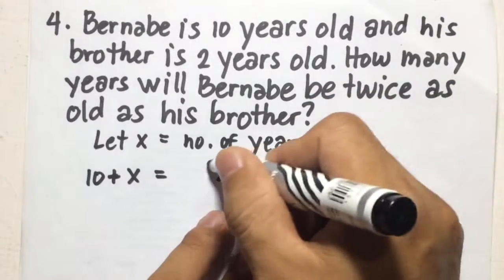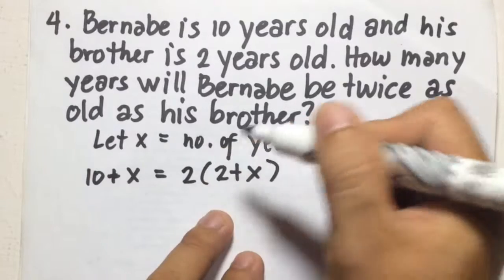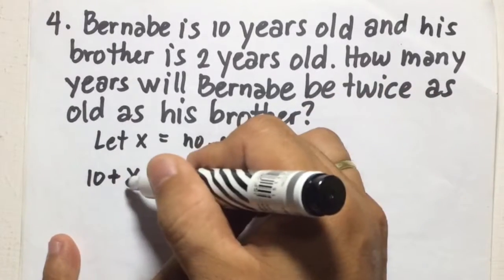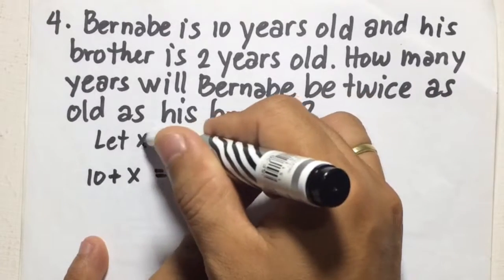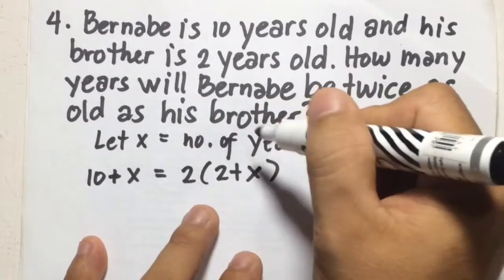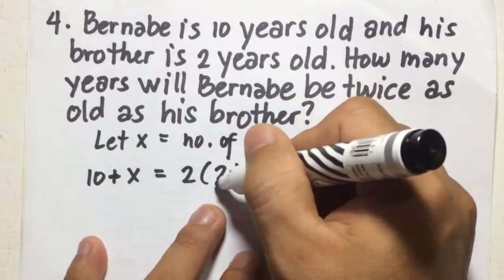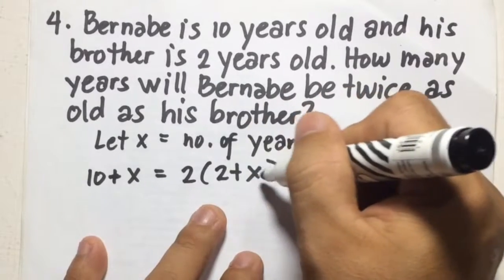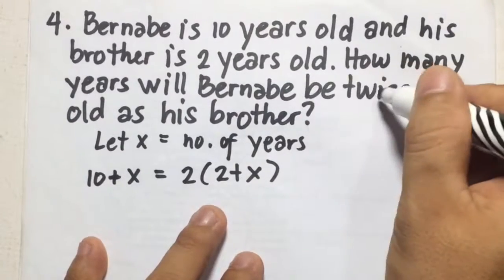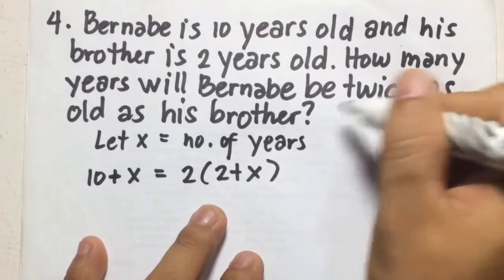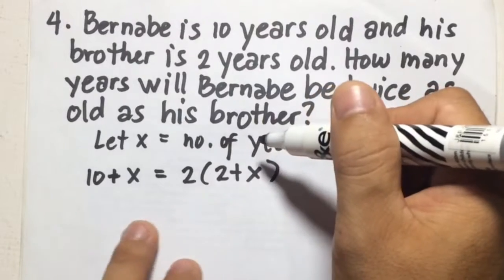Then twice, so that will be times 2. So again, 10 plus x, this is the age of Bernabe after adding the x years, then it is equal to the age of his brother, 2 plus x, then times 2 because we have here twice. So 2 times the quantity of 2 plus x.